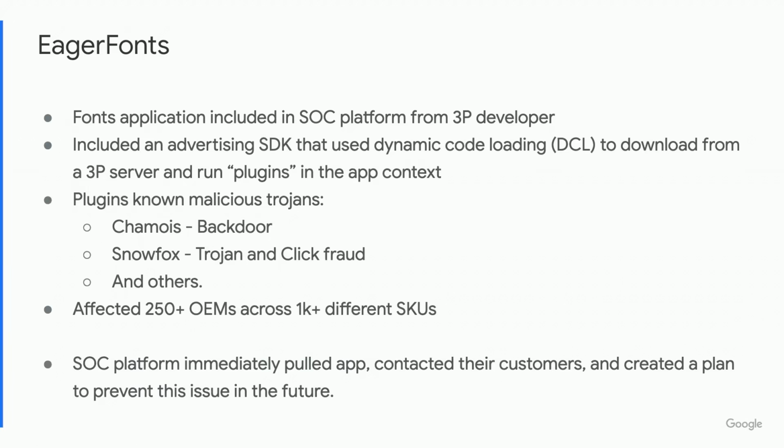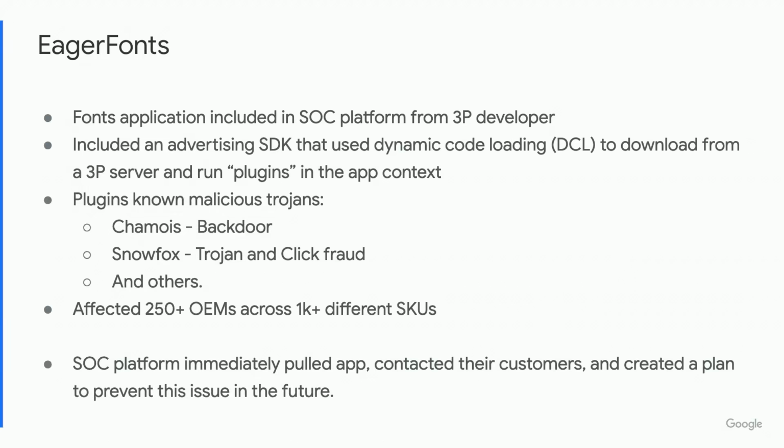It did DCL, aka dynamic code loading, to download plugins from a third-party server that then executed in the app context. And the plugins from Eager Fonts were known malicious Trojans. The most common one was Chamois, and the next was Snowfox, which is a Trojan in click fraud, and others.